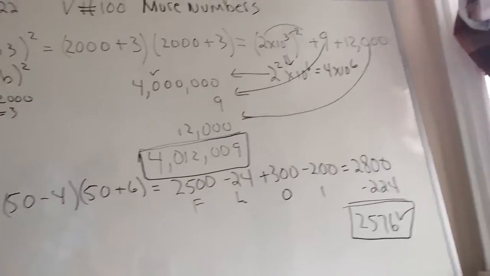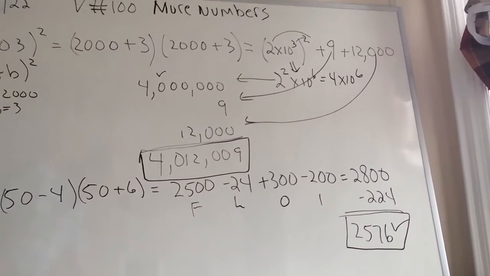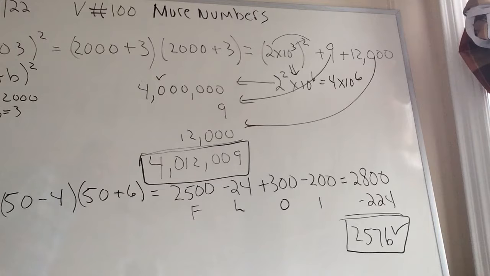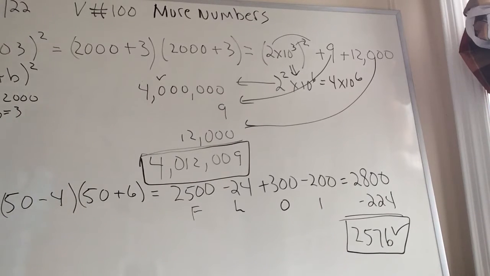2576. So yet again, I should give you one of those as well. There it is all written out. Okay, so you can see what I did. Okay, I put the, it's FLOI, but it doesn't really matter. The ideas are still the same.